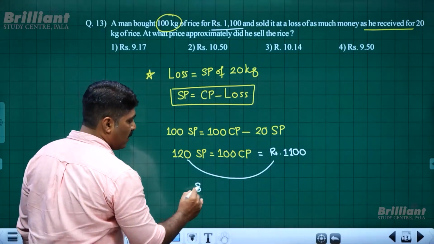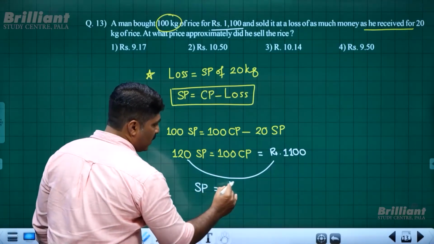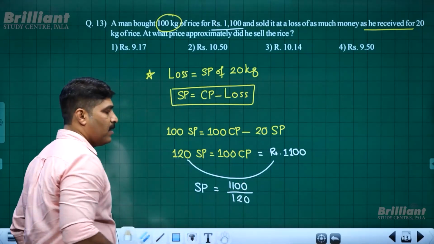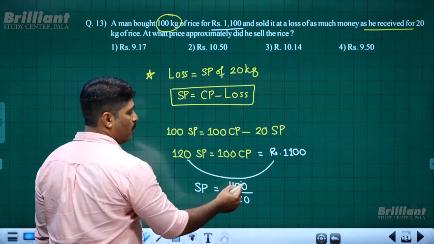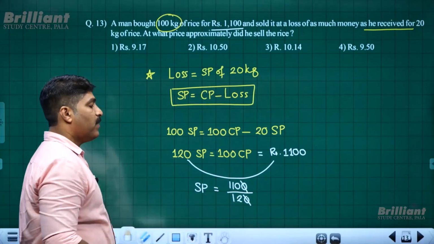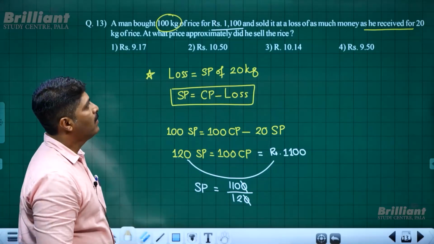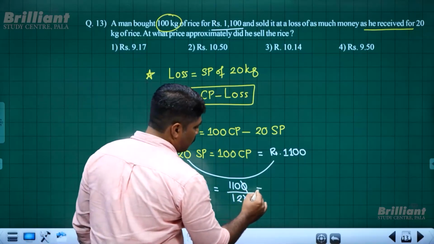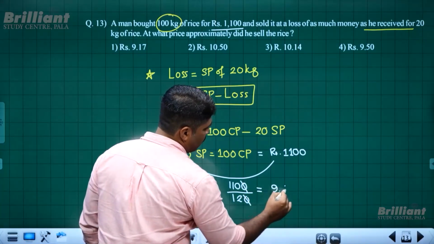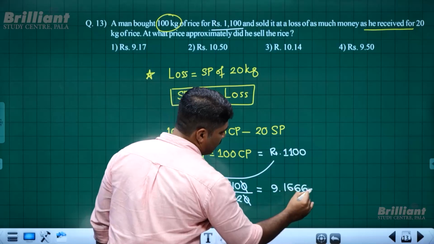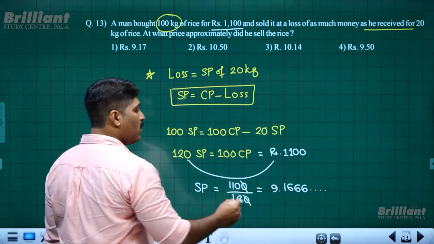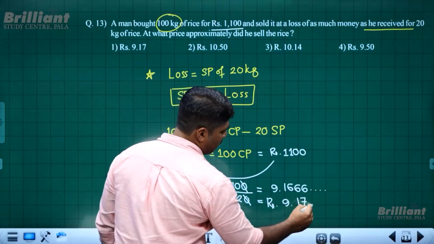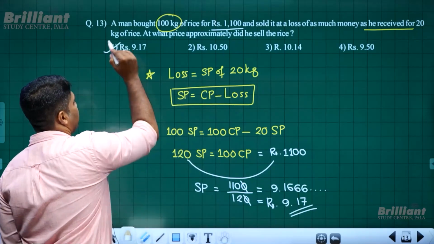Therefore, the selling price of each kilogram is 1100 divided by 120. Simplifying, this is 110 by 12, which is equal to 9.16666, etc. Or we can round it up as rupees 9.17. So the answer is option 1.